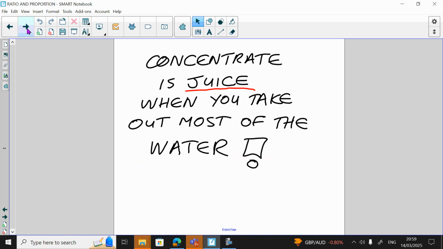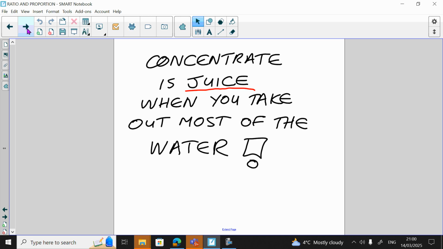Just in case you're wondering, they're saying here concentrate is juice, but it's not exactly juice. They extract the water, because taking too much water adds on too much weight.